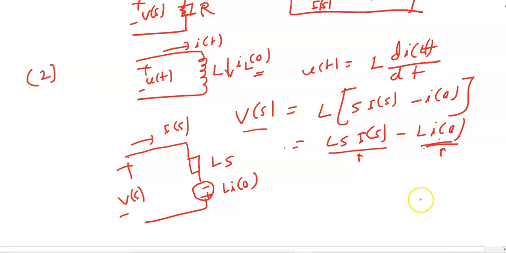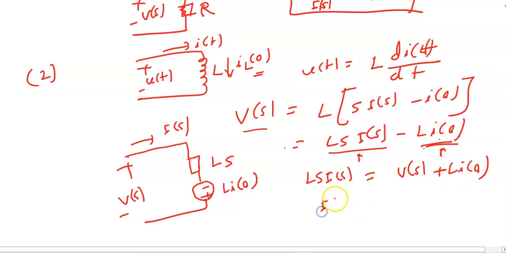You can also find the current transform. Just equate with I(S). So LS I(S) is equal to V(S) plus L I0.